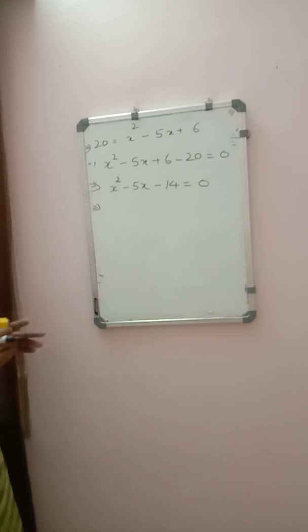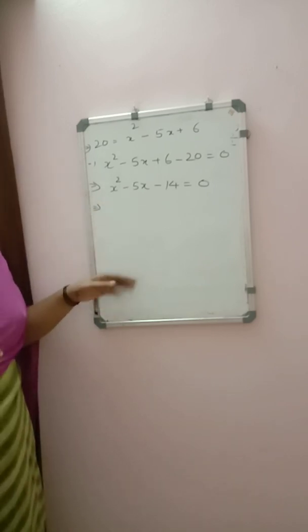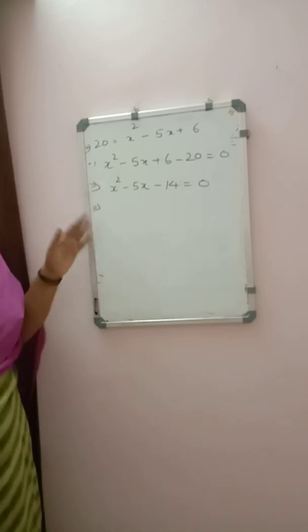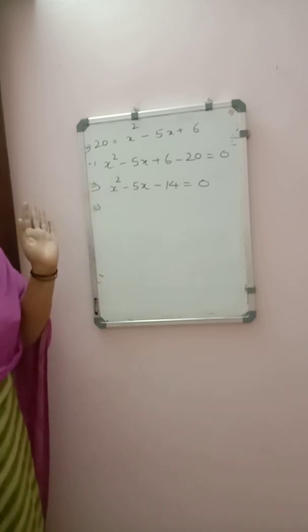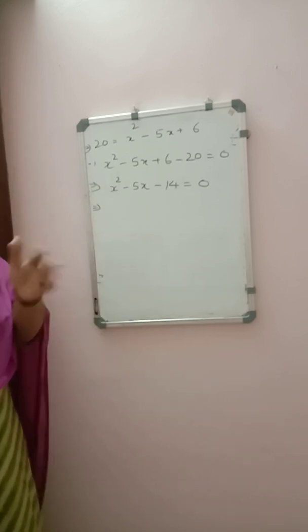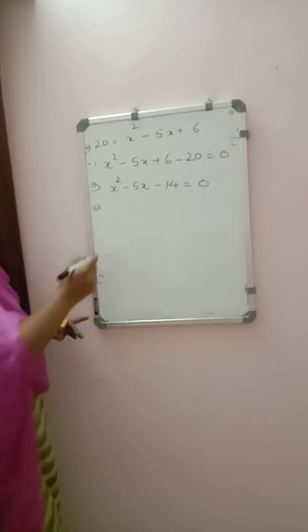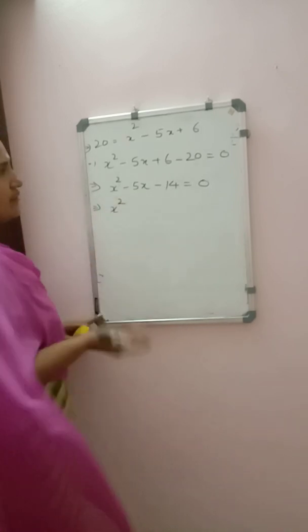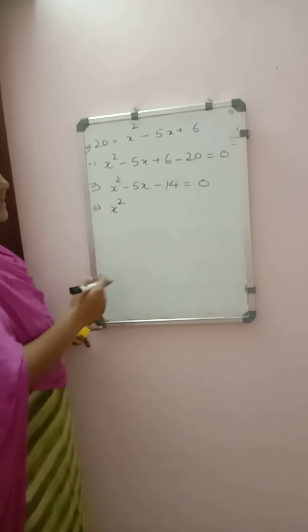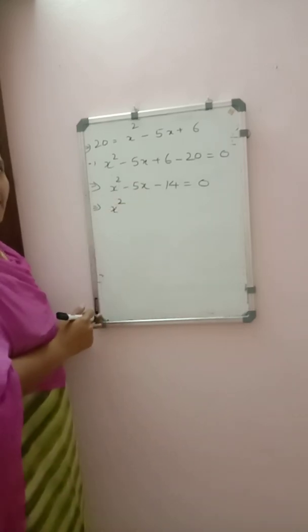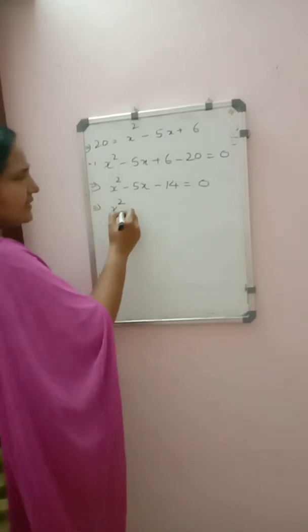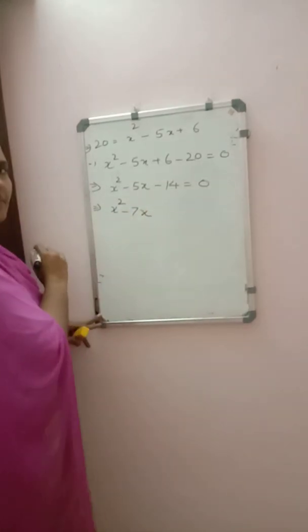If factorization is easy for you, you can use factorization or you can solve it by the quadratic formula. Depends on you. I am going to use the factorization method. 2 numbers, 7 twos are 14 and 7 minus 2 is 5. We can just change the sign there so that negative 5 should come.